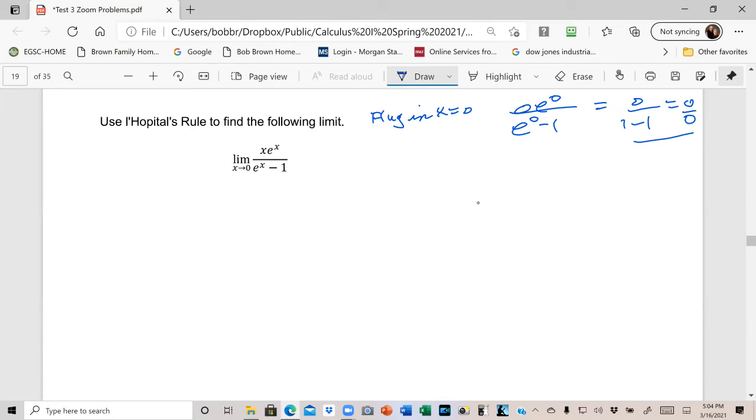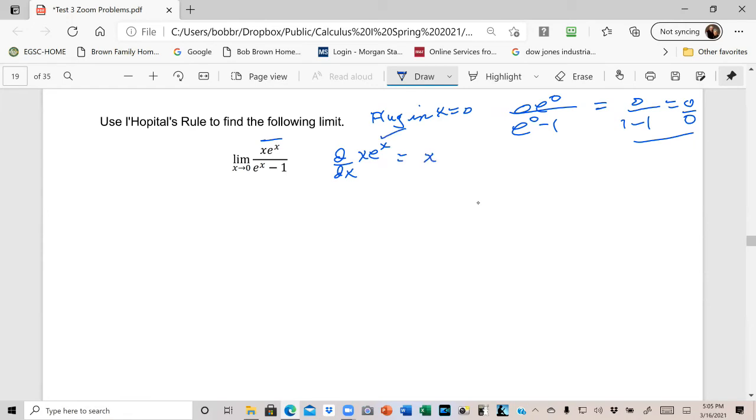So now we need to take the derivative with respect to x of x e to the x. We're going to do this separately here because we're going to have to use the product rule. So that's going to be the first times the derivative of the second.